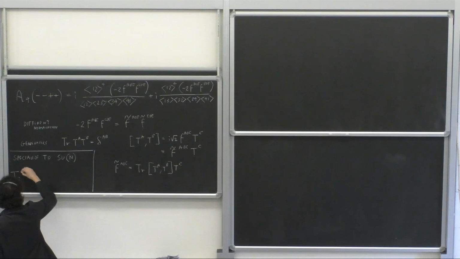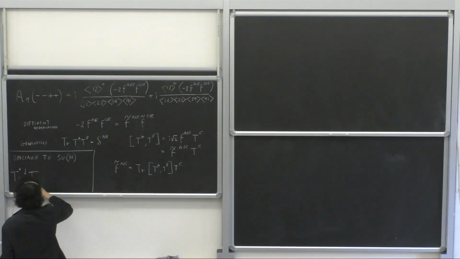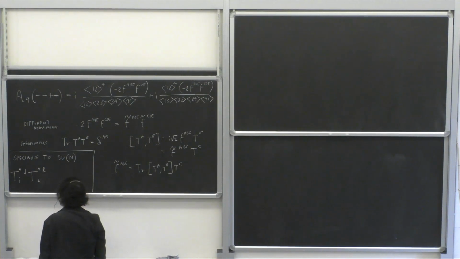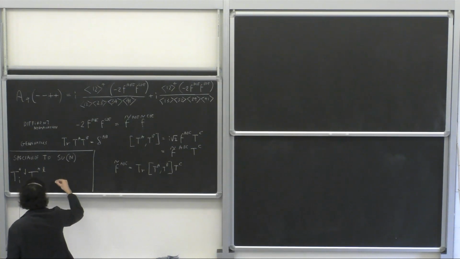So we have two matrices, and I'll try to indicate with a capital letter the adjoint index contraction, so sum implied among the adjoint index here, and we have the representation indices, fundamental, anti-fundamental, i, j, k, l.